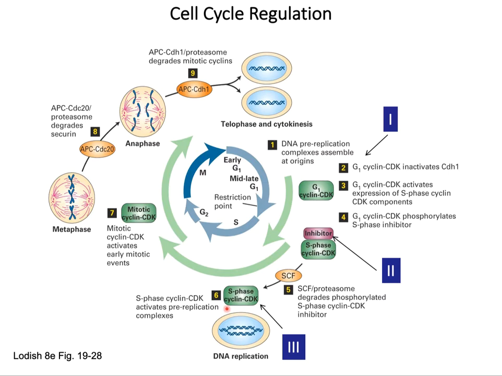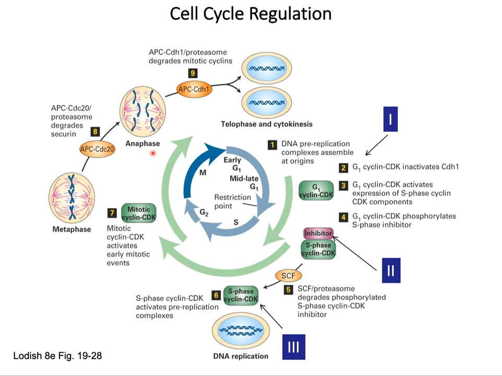This S-phase cyclin CDK dimer is very active during DNA replication, and you will see in a minute that it phosphorylates a number of factors on the replication complex, which activates the complex. The cell passes through the S phase and then enters G2. In G2, the mitotic cyclin CDKs are synthesized and become activated, and then the cell can enter mitosis.